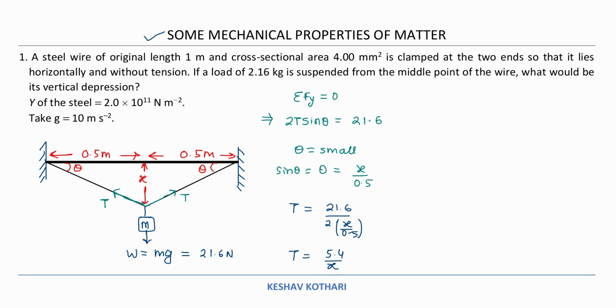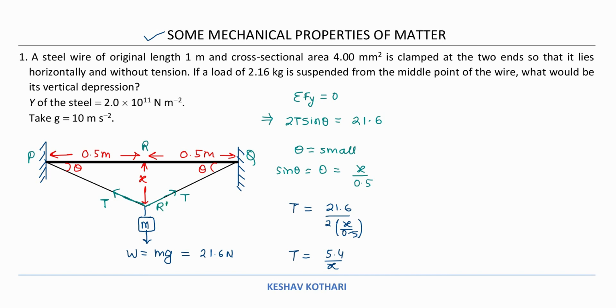Now if I name the points on the wire, let this be P and this be end Q, and let us name the midpoint as R. When the weight is attached, the midpoint lowers down to R dash.